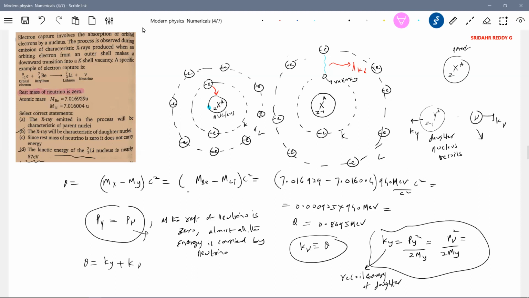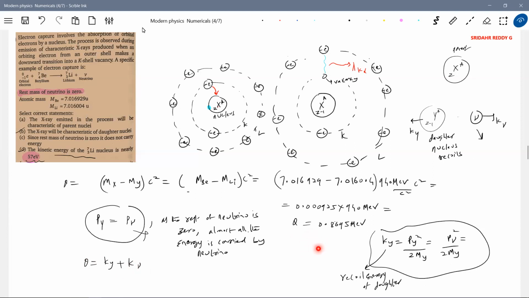This will be very difficult. Okay, let's not introduce any new concept on our own. Most of the energy will be carried by the neutrino only, and the atom in the recoil will have a very low speed. So that is the equation we can write further.